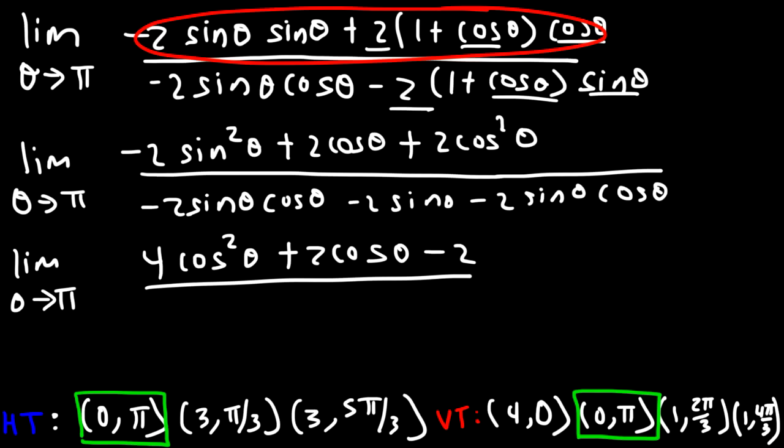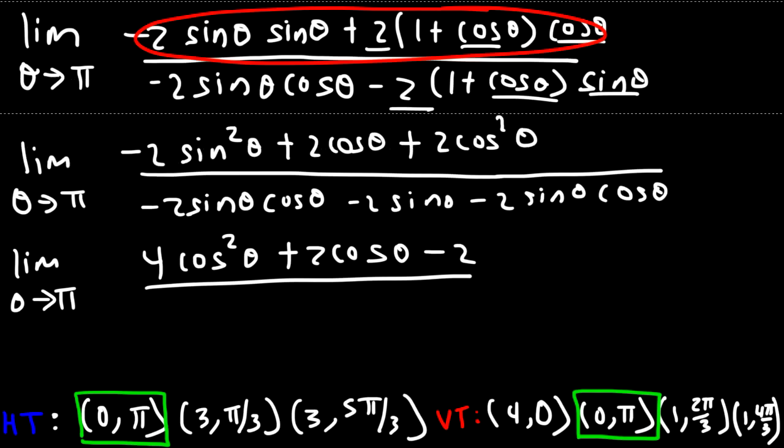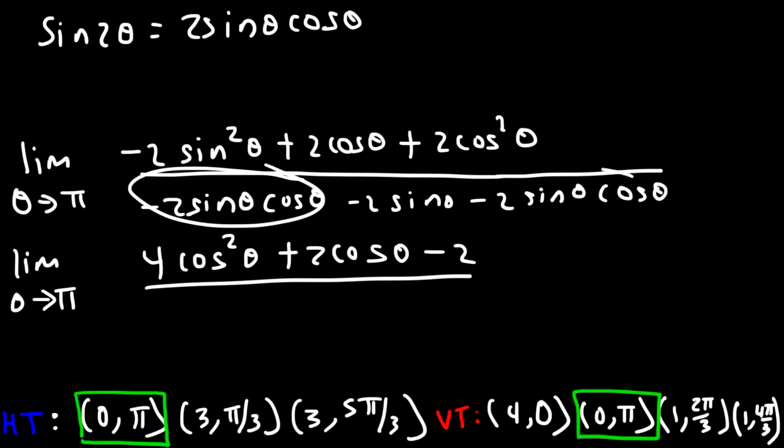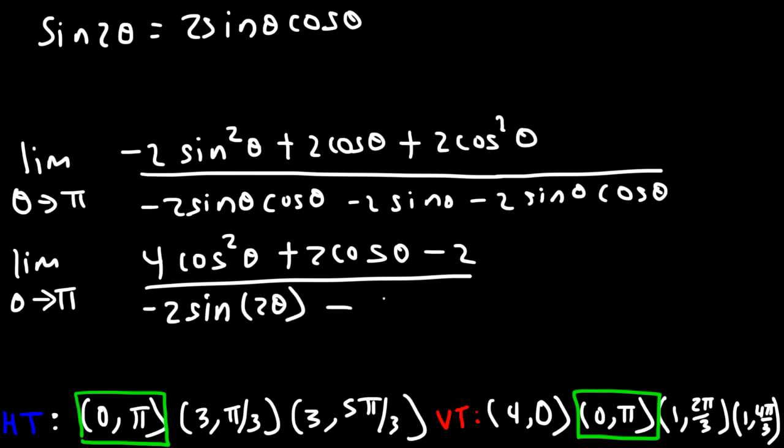Sine 2 theta is equal to 2 sine theta cosine theta. So this is negative sine 2 theta, and this is another negative sine 2 theta. So combining those two, we have negative 2 sine 2 theta, and then minus 2 sine theta.